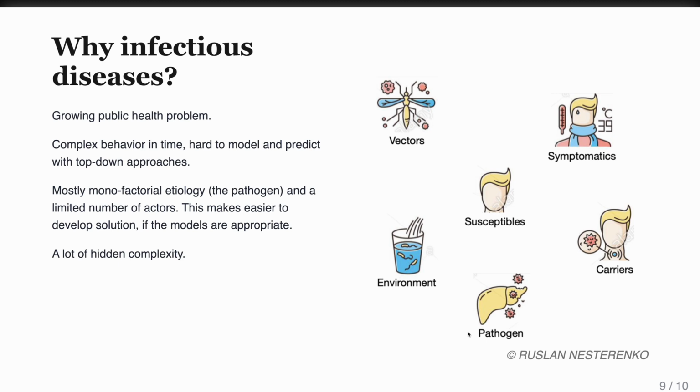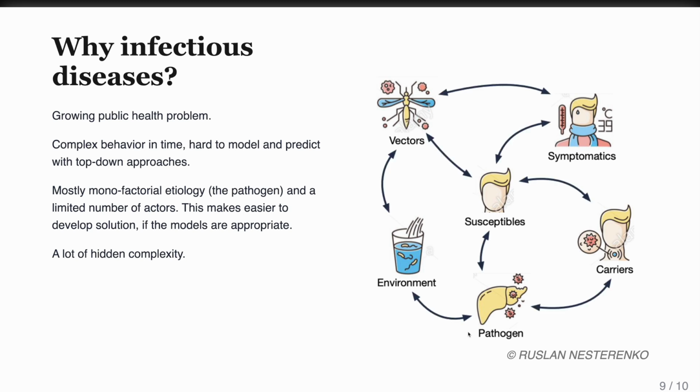In infectious disease, you have just one etiological agent, that is the pathogen, which then interacts with the hosts, that is us or animals, and the environment. So it's relatively simpler to model infectious diseases.